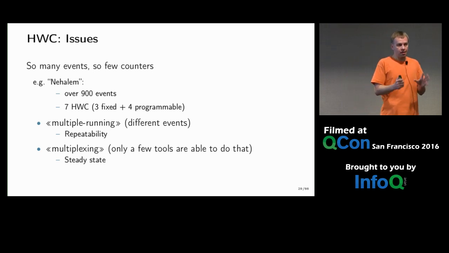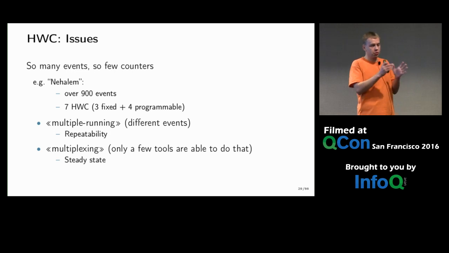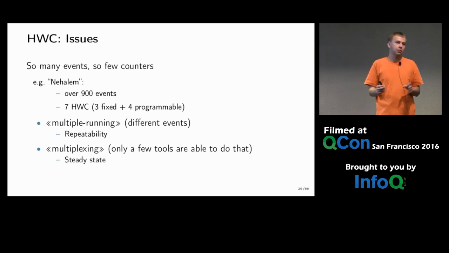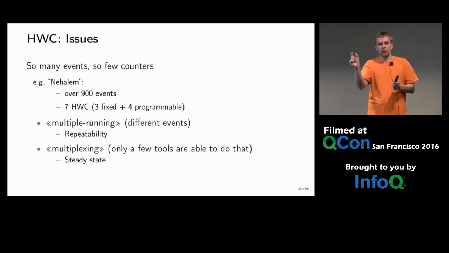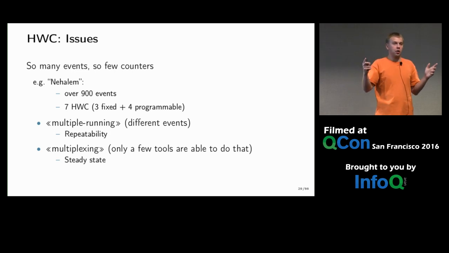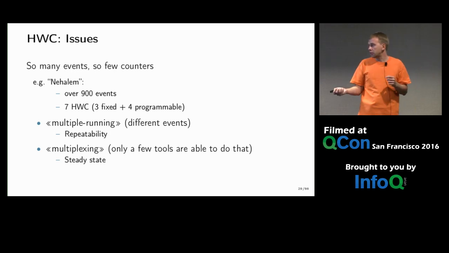It creates a problem for our experiments, because either we should execute our application several times to collect different counters, and we need repeatability, or there is another situation. Some tools, unfortunately not all of them, can do multiplexing for you. I can set up a tool for an execution of 30 seconds and say I won't collect these 30 counters, and that tool will change counters for small periods of time during the same run. But in that case, you should guarantee that the behavior of your application is the same for a long period of time. We call it steady state.